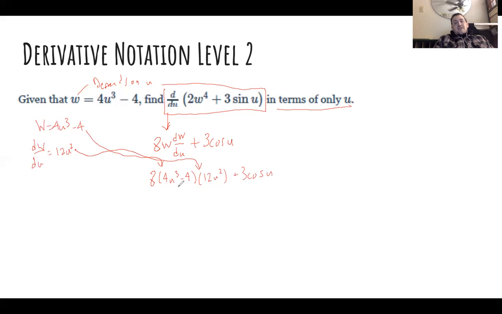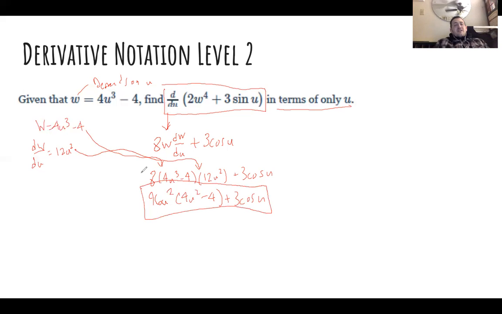All right, now it's just a matter of cleaning things up. I got 8 times 12, and 8 times 12 is 96u squared. They do like you to clean it up a little bit, and this is your final answer.